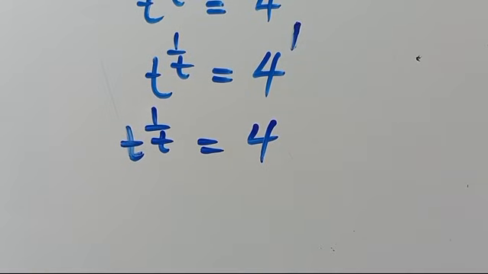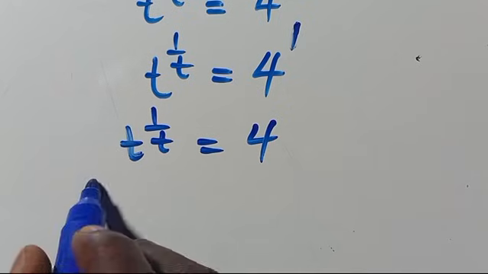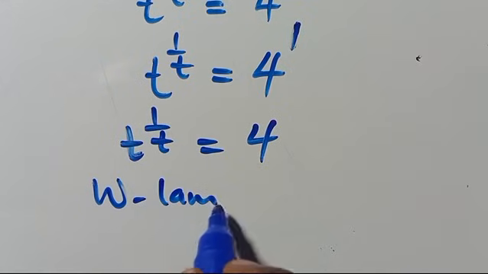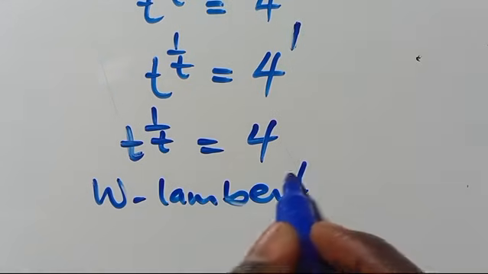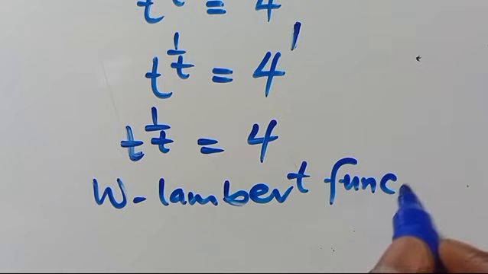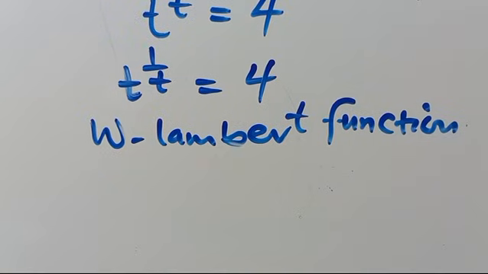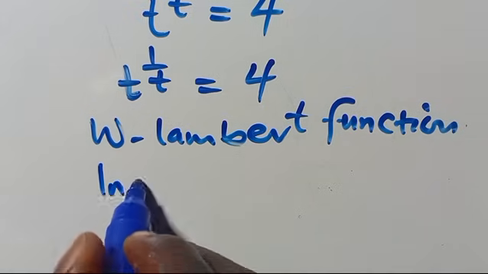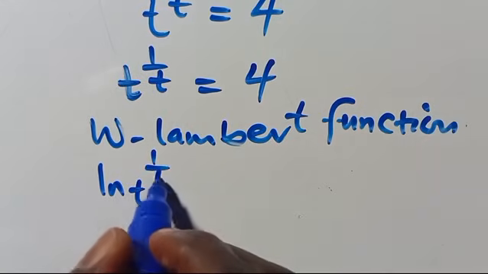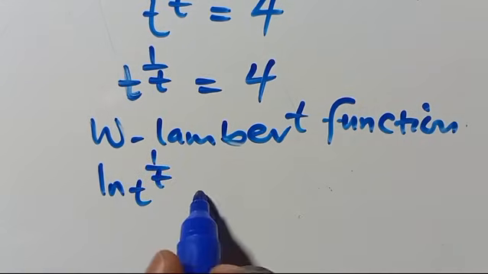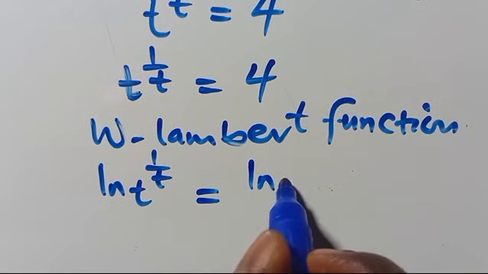Then let's use the W Lambert function to solve this problem. But before that, let's introduce the natural log, ln, to both sides. We have ln of t to the power of 1 over t equals ln of 4.